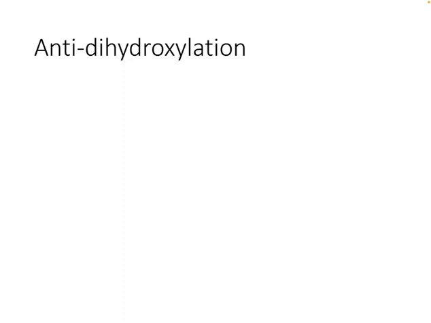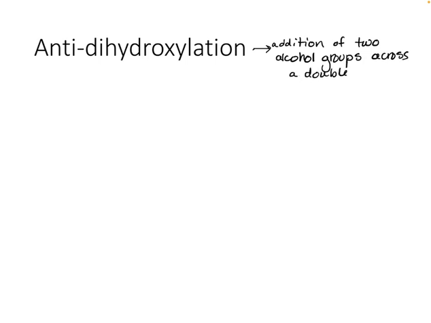And what we're really doing with this type of reaction is we are adding two alcohol groups across a double bond. Addition of two alcohol groups across a double bond.